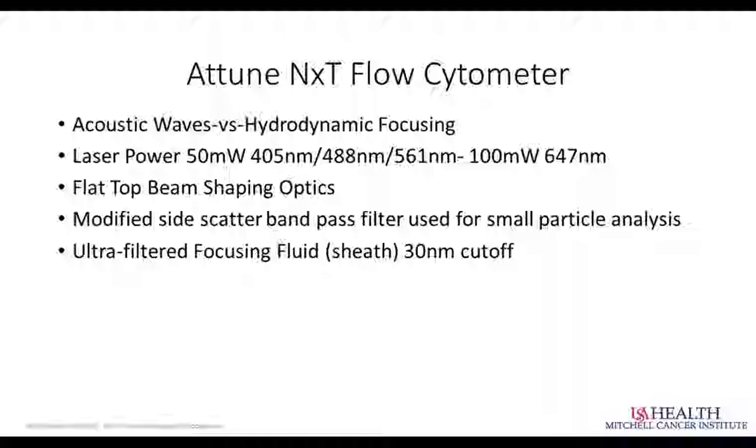We run at the very slowest dynamic rate, which is 12.5 microliters per minute of sample injection through the laser beam. And what that allows us to do is actually maximize the dwell time that each little particle spends as it crosses that laser beam.